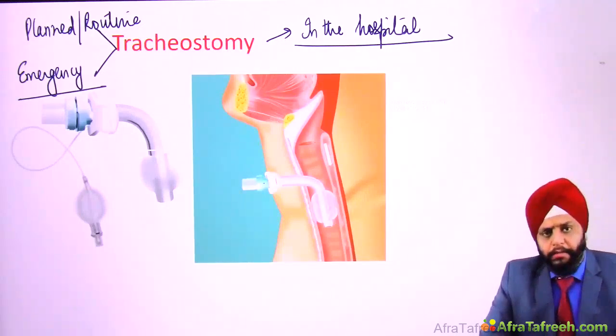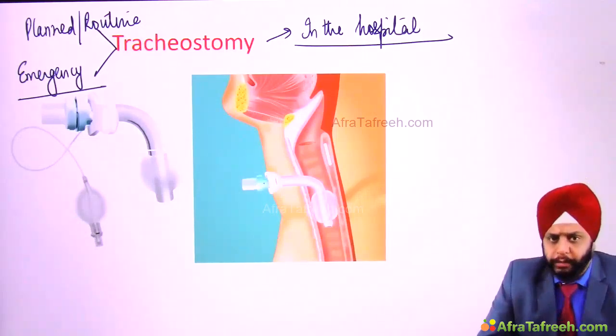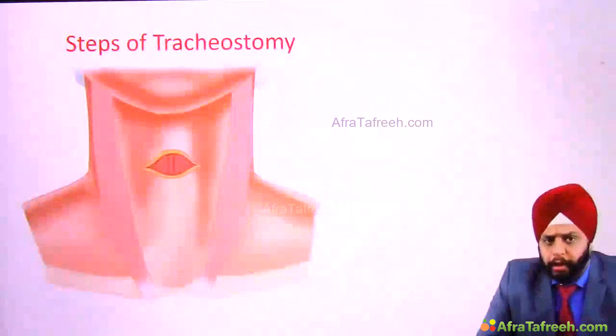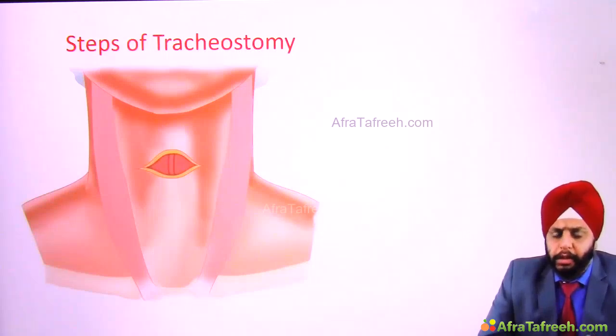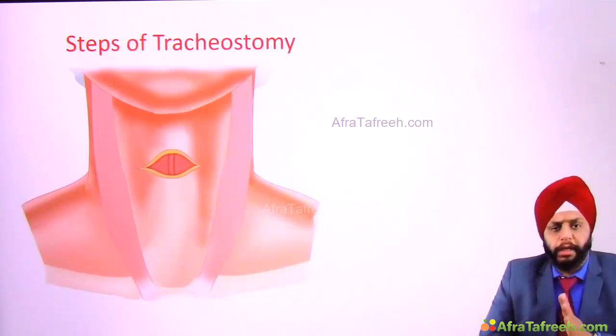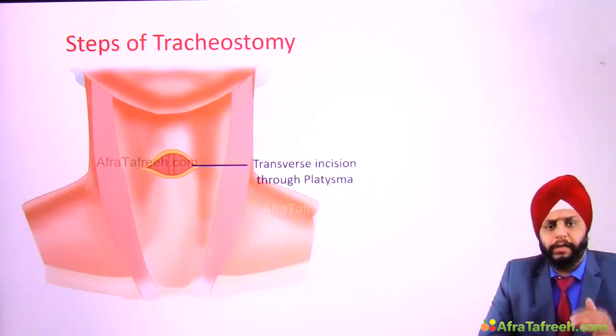Now, second thing, where do you make this opening for the tracheostomy? You see, for the tracheostomy, you give an incision on the skin. Now, this incision can be a vertical incision, it can be a transverse incision. As you can see over here, this is a transverse incision going through the platysma.